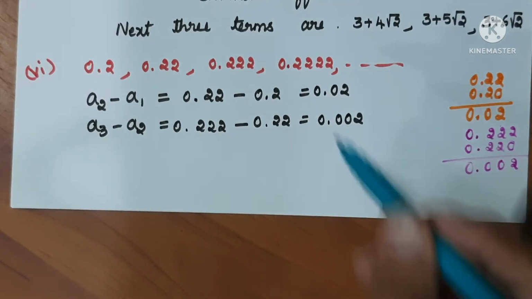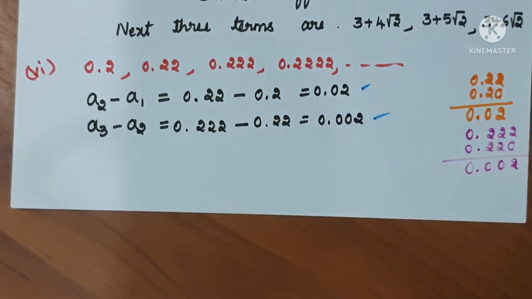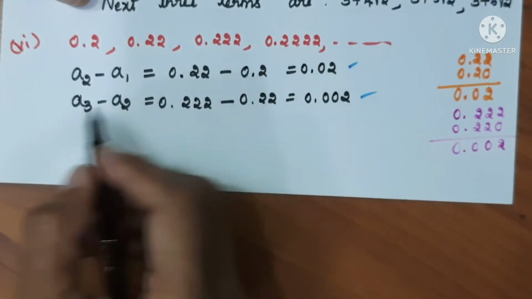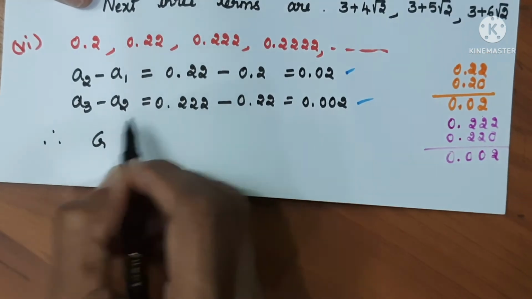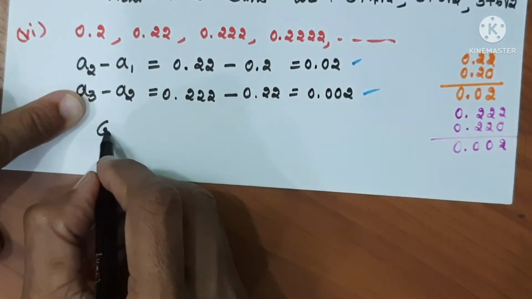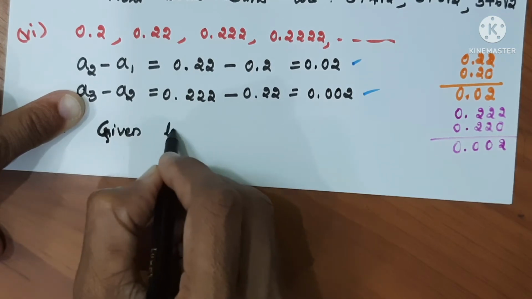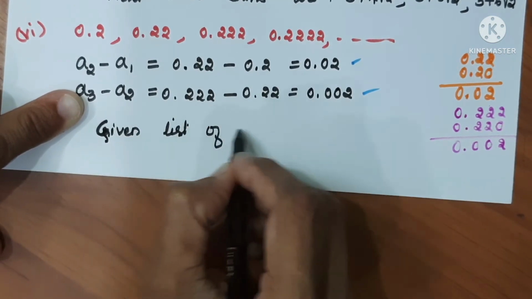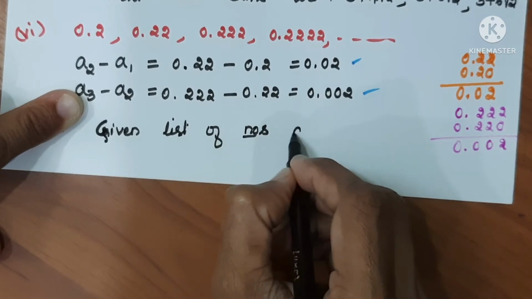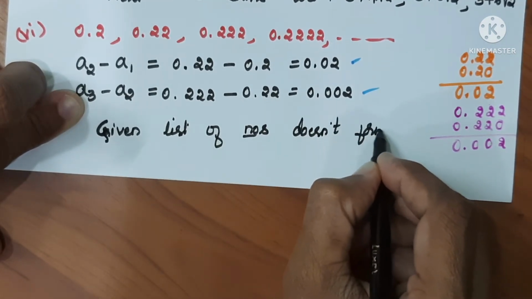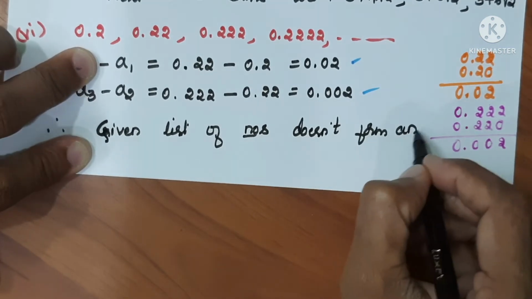Here you can clearly see that the difference is not common. So this list of numbers does not form an AP. Therefore, the given list of numbers does not form an AP.